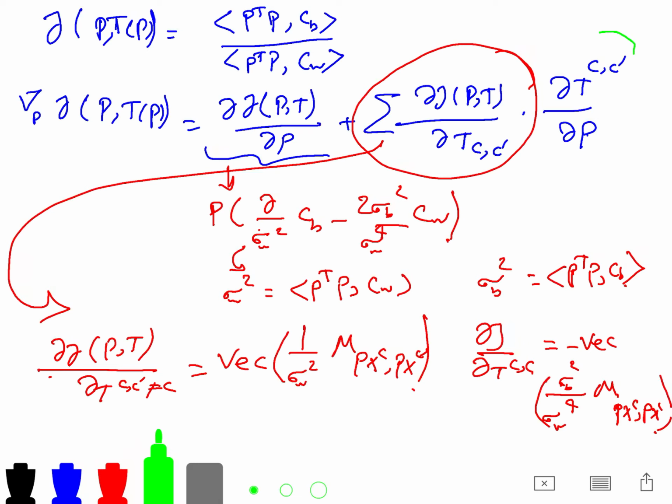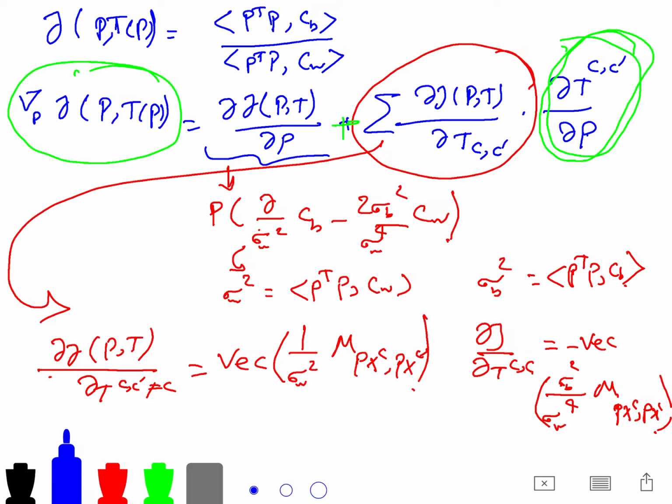So the last term that we need to know, this one is really hard, because we have to solve it using automatic differentiation, because it is not available in closed form. And summing all these terms, we get this.